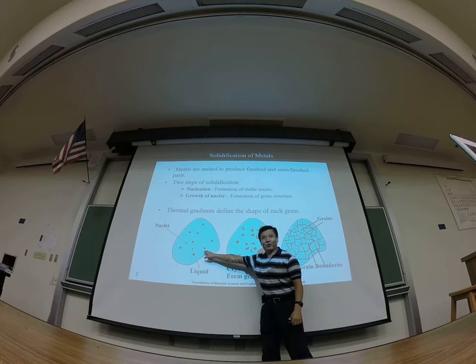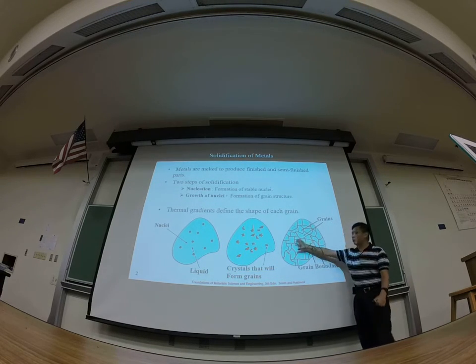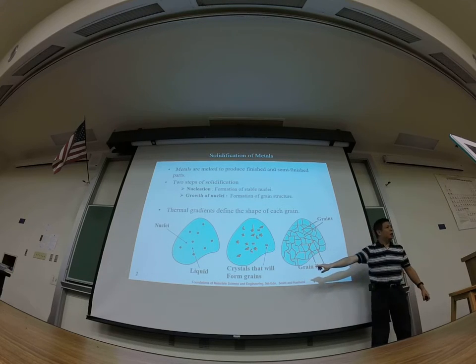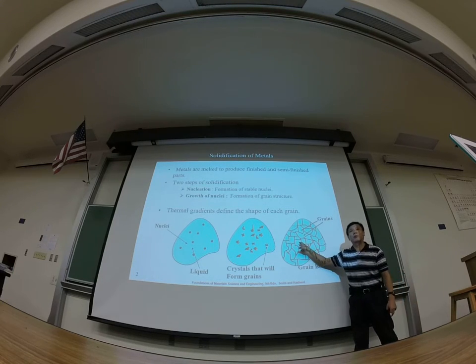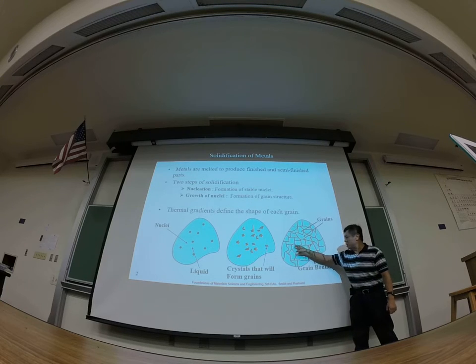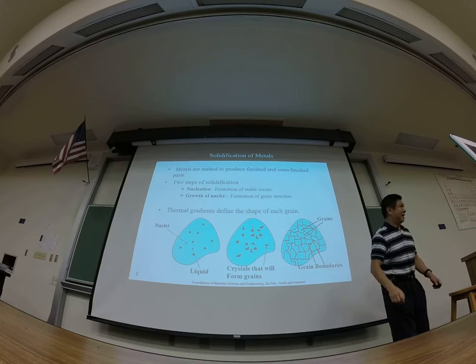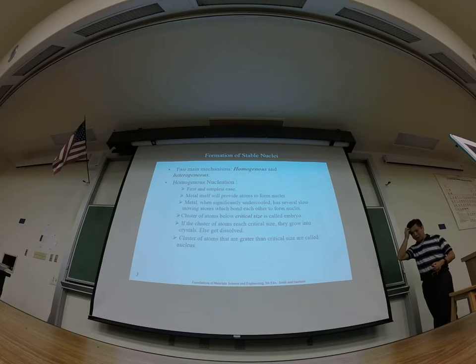Each seed could grow to a grain, and later on, between the single domain grains, you will see these grain boundaries, right? So that's what we learned at the beginning.